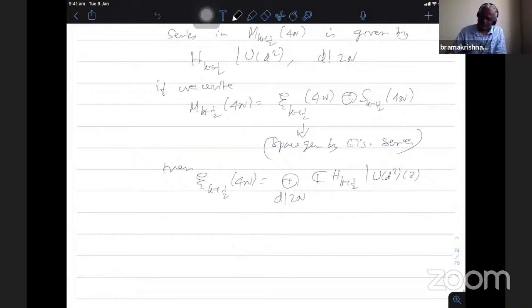So therefore, using this particular fact and then using the mapping property on that one, we will show that this maps M_{k+1/2}^plus of 4n to M_{2k} of 2n.